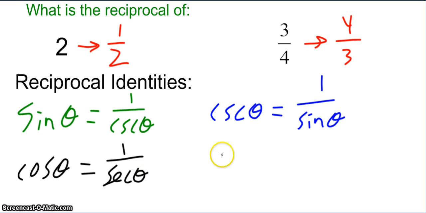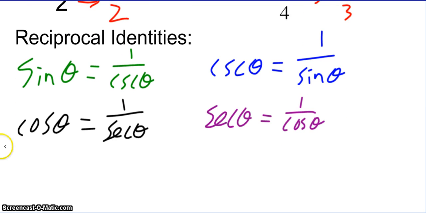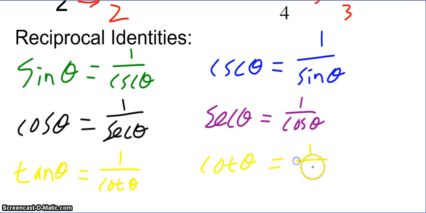And again, if I know that, then I know the secant of theta is 1 over the cosine of theta. And then the last two, hopefully, are kind of obvious. The tangent of theta is 1 over the cotangent of theta. And the cotangent of theta is 1 over the tangent of theta.